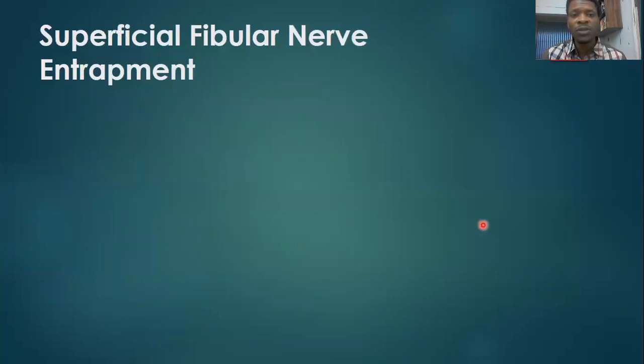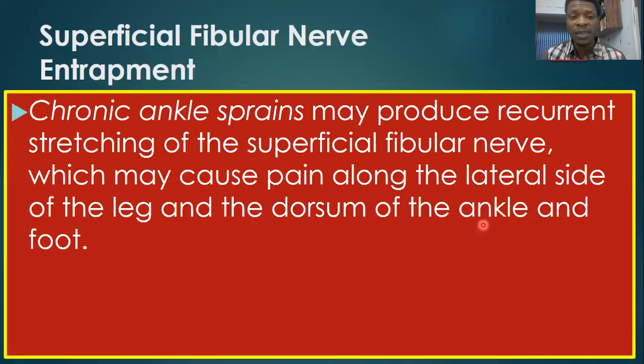And we also have superficial fibular nerve entrapment. Okay, so here you find ankle sprains, okay, due to the superficial fibular nerve entrapment, it gets compressed or trapped, and this would lead to chronic ankle pains, all right, and pain on the lateral side of the leg, because this nerve arises just after the common fibular nerve has circumflexed around the neck of the fibula, all right?